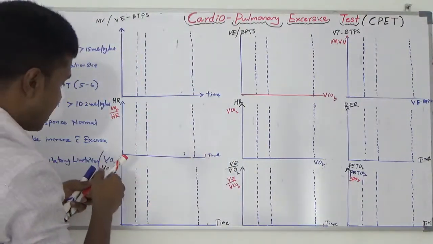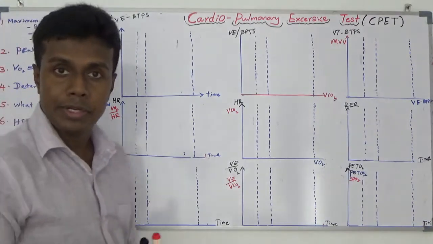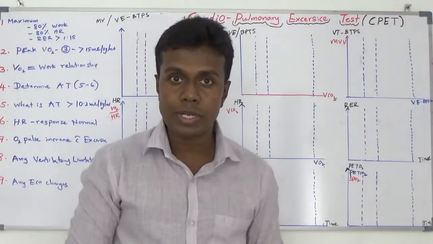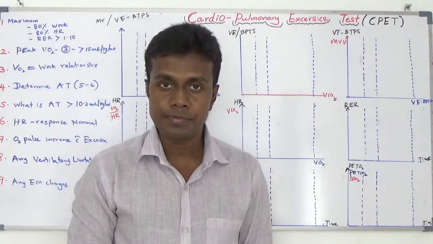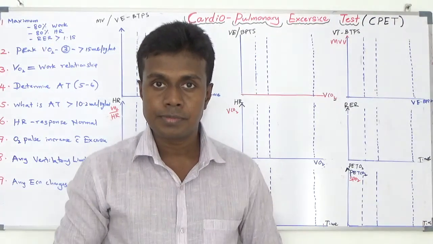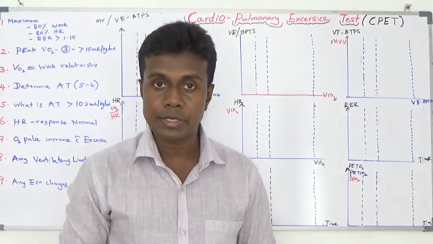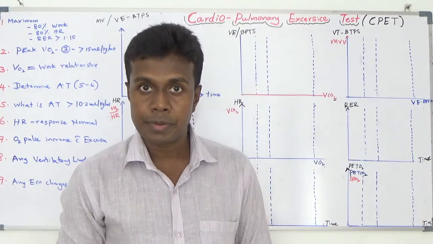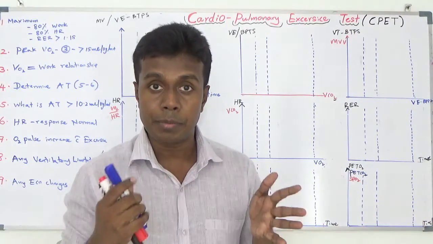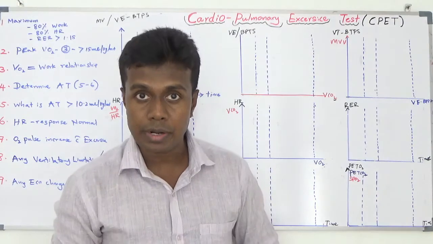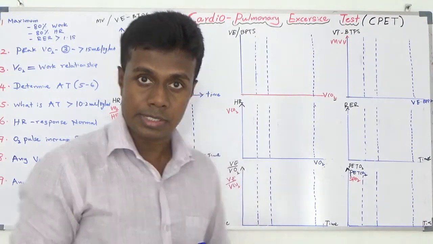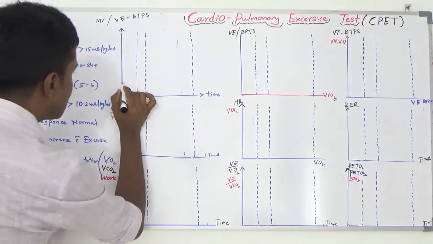If I am perfectly normal, as I told previously, I take roughly about 500 ml of gas into my lung, at a rate of 12 per minute. So my minute ventilation right now is roughly about 6 liters, somewhere here.